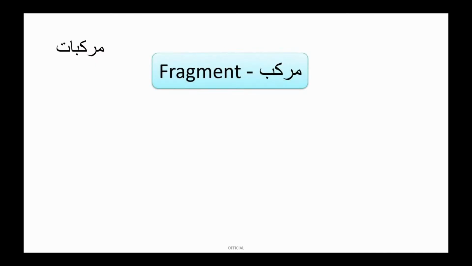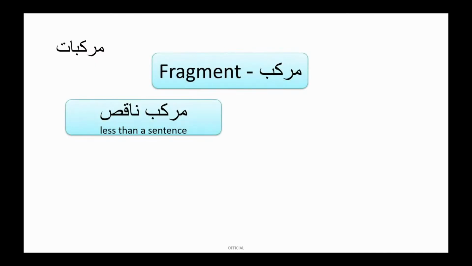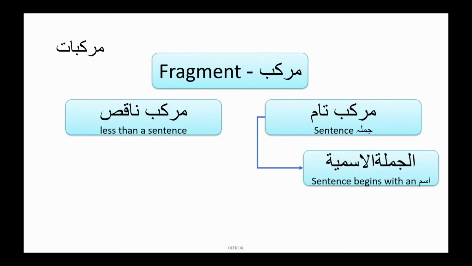Now, with respect to the fragments, we said that there are 2 types. We have one which is less than a sentence, and the other which is the complete sentence itself. With respect to the complete sentence, in Arabic there are 2 types. One is called jumla ismiya. In short, you can say any sentence which starts with an ism.